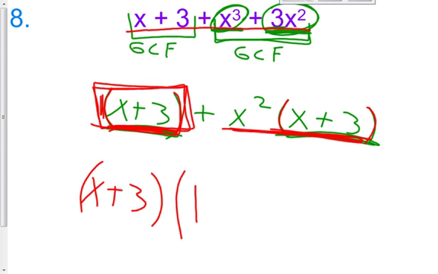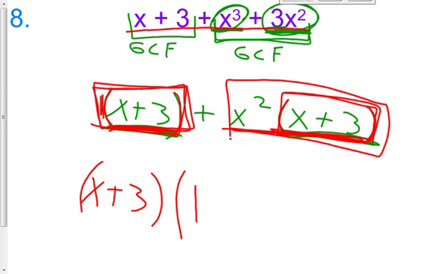So if you factor out an x plus 3, you still have this 1 left over. How about this term? X squared times the quantity x plus 3. After factoring out this x plus 3, what is left over? This x squared. So you still have this positive x squared.